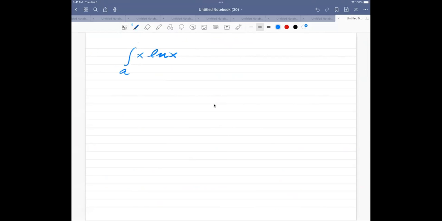And we have limits a to b. We will then have 1/2 x squared ln x from a to b minus 1/2 of the integral of x dx from a to b. So using that formula, we can then set up the final expression after some further manipulations.